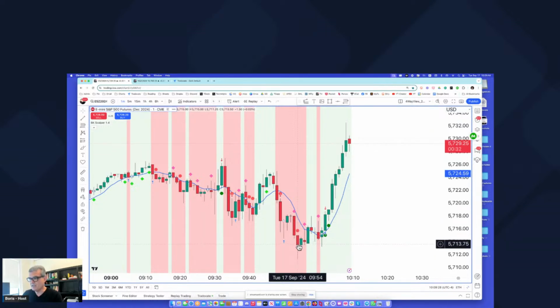You get short here, and now it turns green, and you say, oh, it may come back down. Once it turns green, your chance of winning this trade goes from 100% to 50%. And what you should be doing is moving your target right to break even, because now you have a chance to get out flat. You basically save yourself 40 points of loss on a swing trade.